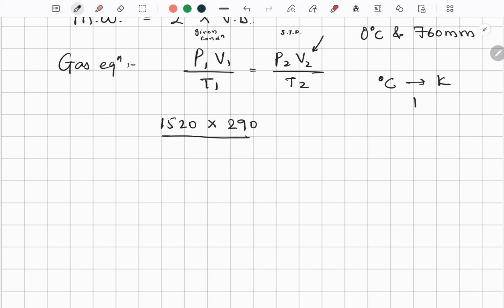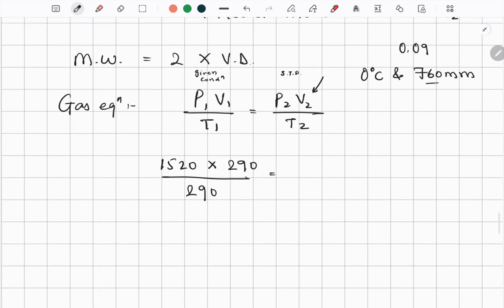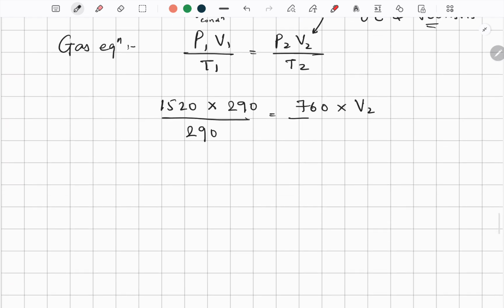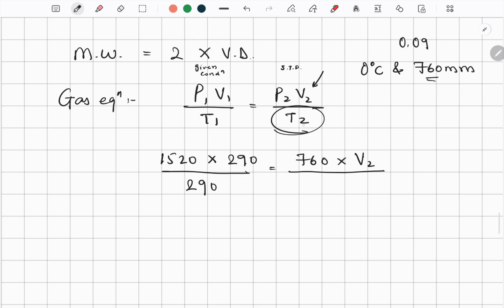So 273 plus 17 is 290, divided by 290 is equal to... Is the pressure known at s.t.p.? Yes, 760, into... is the volume known? No, that's the volume we need to calculate, the volume at s.t.p. Now the temperature: what is the temperature given at s.t.p.? 0 degrees Celsius.